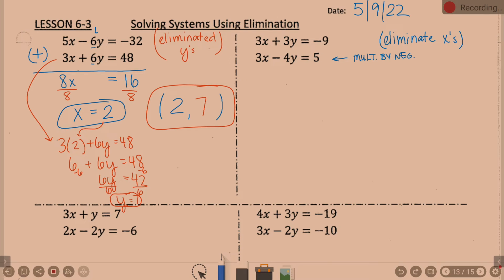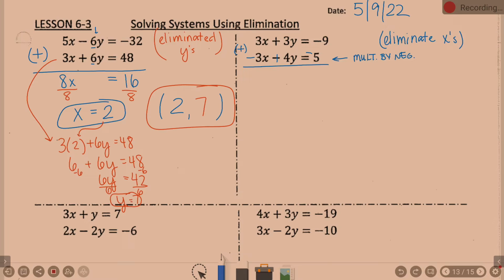All the signs will flip. So a positive 3x becomes a negative 3x. A minus 4y becomes a plus 4y. A 5 becomes minus 5. That way we can still add these two equations together. Just pick one of your equations and change all the signs, basically.